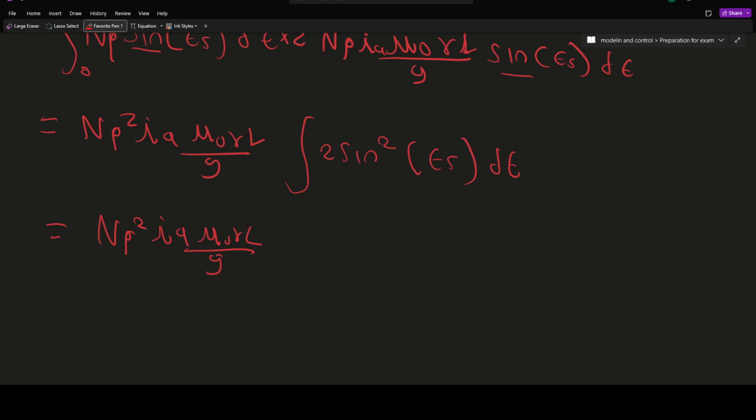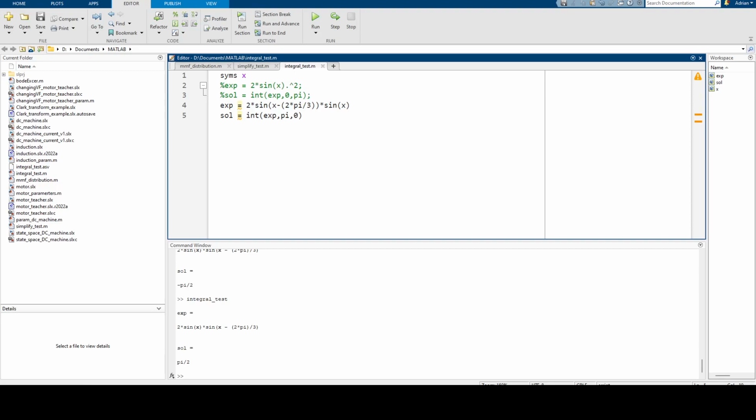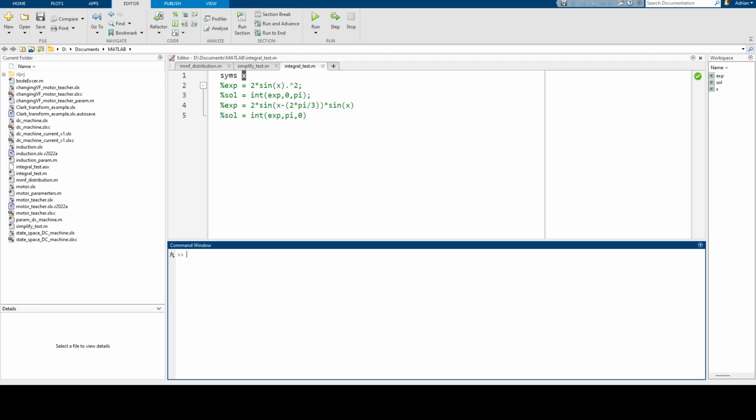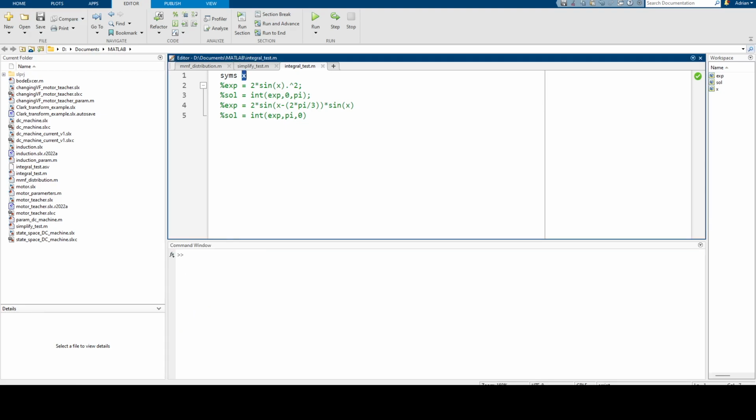And when we do this integral, well, to be honest, I just plug it in MATLAB. So to do an integral in MATLAB, you just call your variable, you define it using syms.